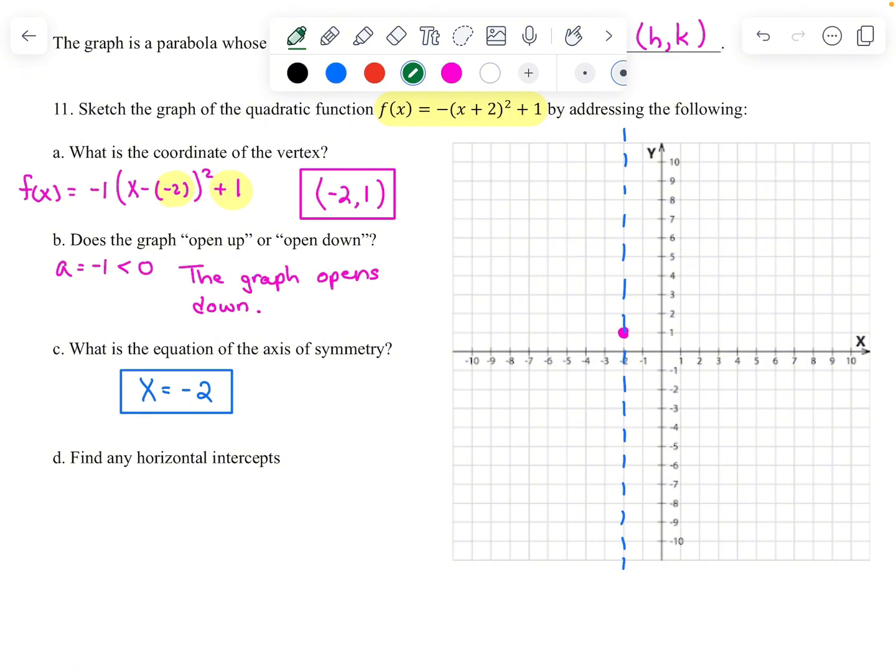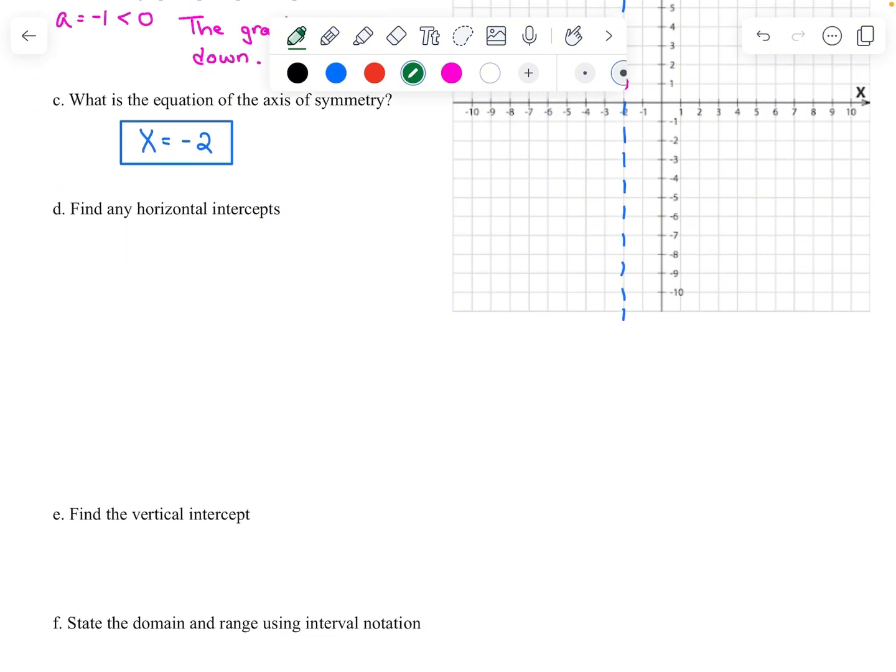However, we know that the parabola is going to be symmetric about that vertical line. Okay, part D. Find any horizontal intercepts. To do that, we need to solve the equation f of x is equal to 0. So I'm going to set the quadratic function equal to 0 and solve for x. I'm going to subtract 1 from both sides.